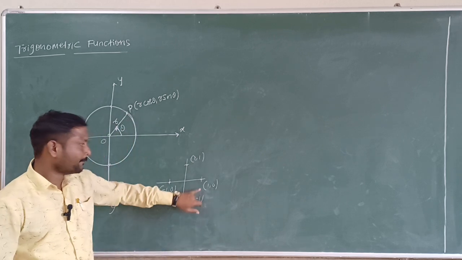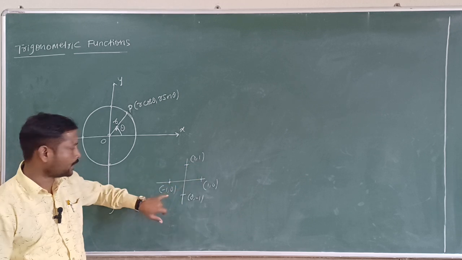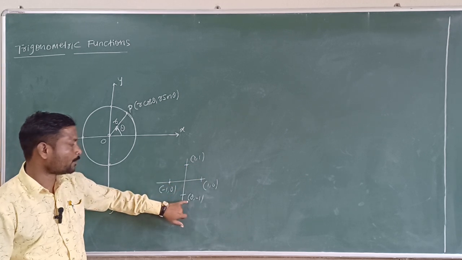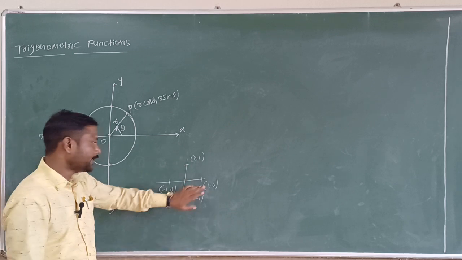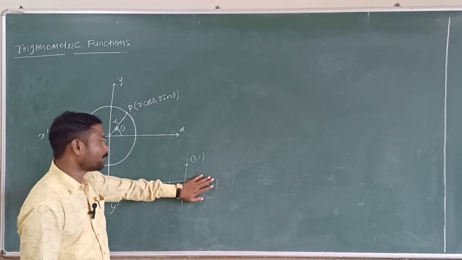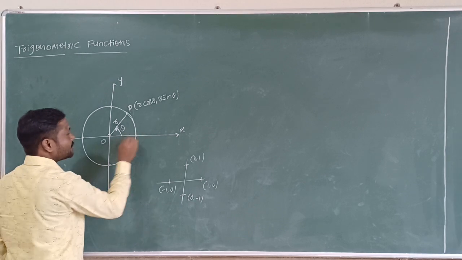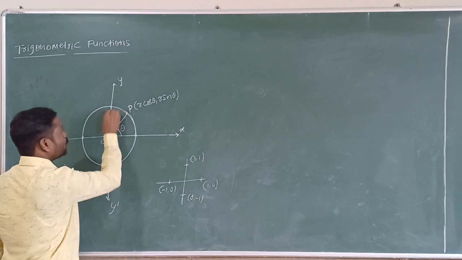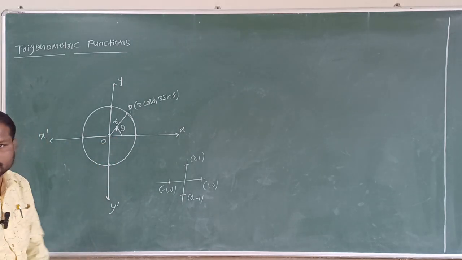The first coordinate of the point is 1 comma 0, the second is 0 comma 1, then minus 1 comma 0 and 0 comma minus 1. These are the 4 coordinates of the points. Take all the coordinates of the points in this figure. No doubt it is a circle of 1 unit radius; the radius of the circle is 1 unit only.